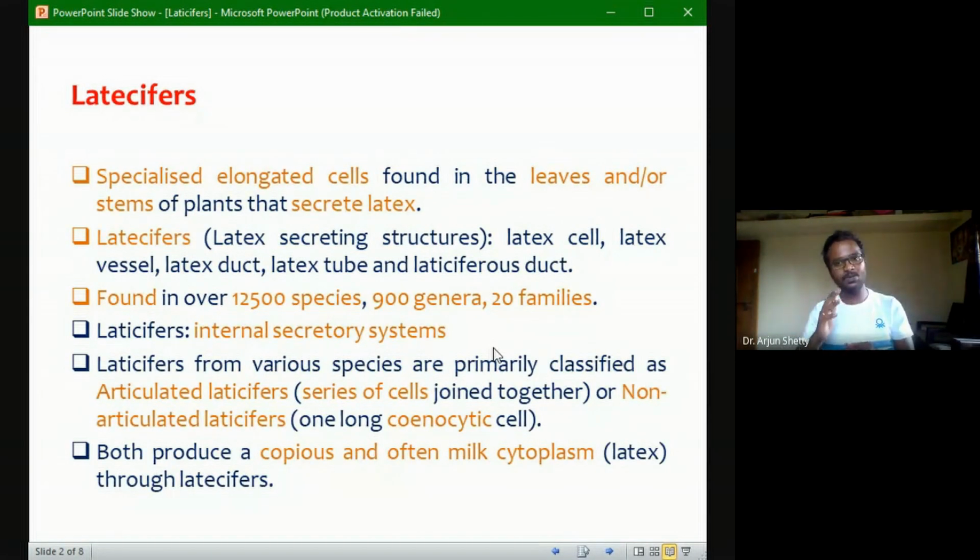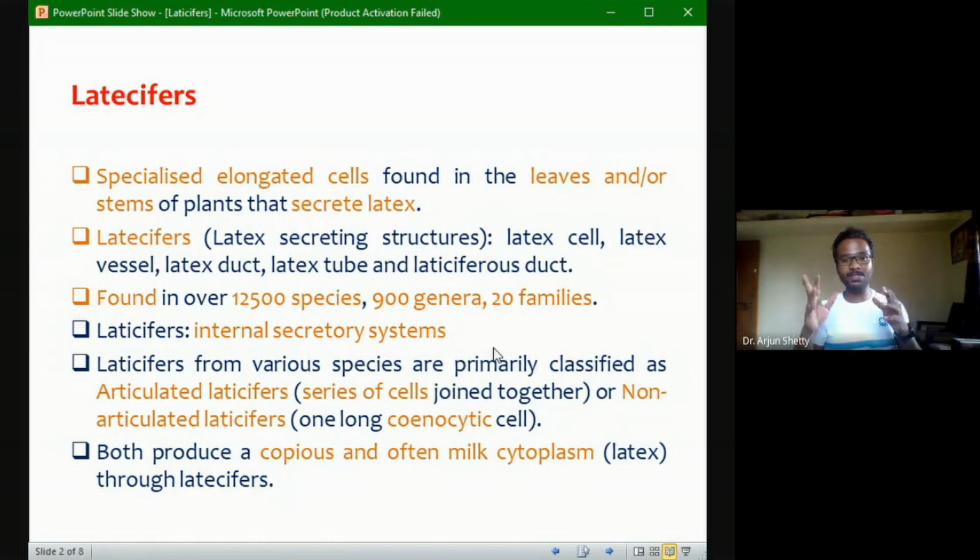One more point is that here I have not mentioned that there are even some plants where reproductive parts may also have laticifers. For knowing that, just go and collect any Euphorbia plant, Euphorbia genera. Just go and pluck the inflorescence or any flower. There you will come to know the release of milky latex.